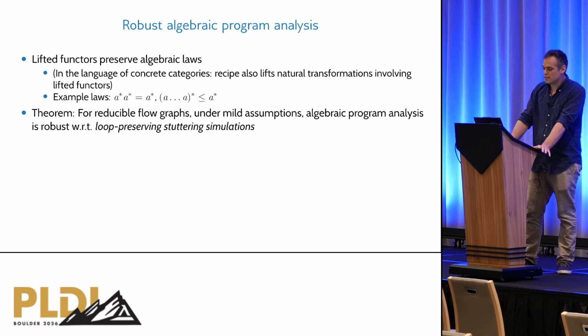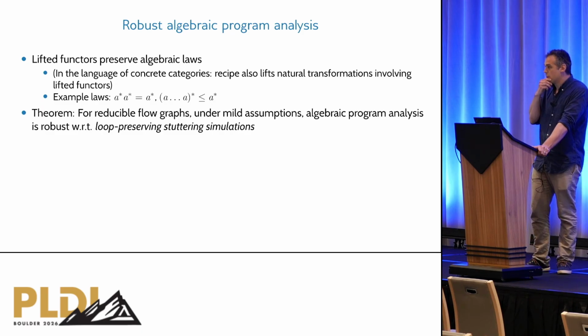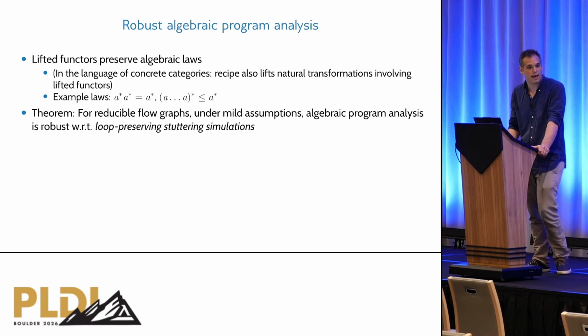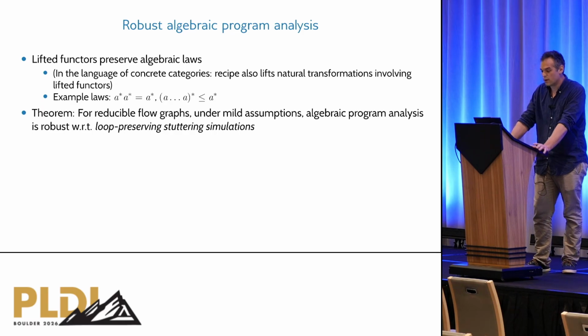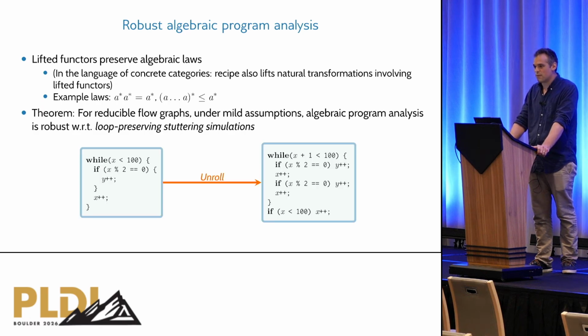And then using these algebraic laws, along with the robustness properties of the individual operators of the analysis, we can show that algebraic program analysis is robust with respect to a class of loop-preserving stuttering simulations, which I don't have time to get into, but I will give you a couple of examples.